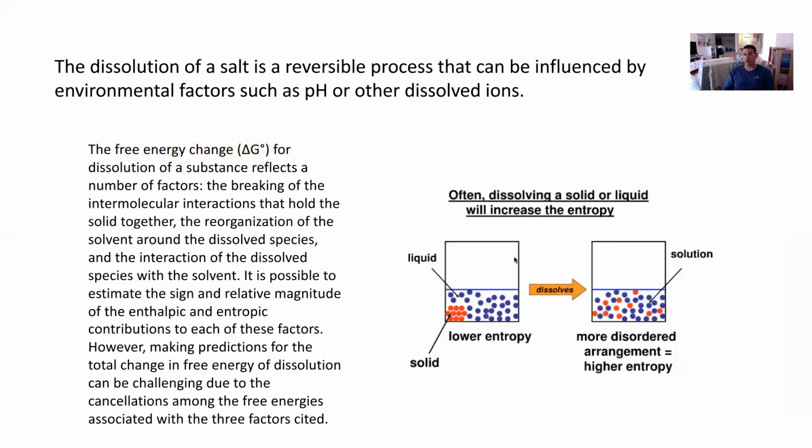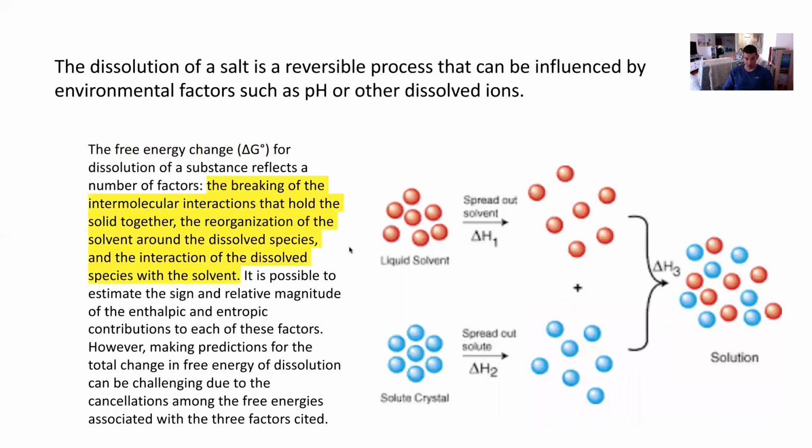What ends up happening? When something dissolves, that's more random. So the entropy typically increases when we have a solid dissolve in the solution. The breaking of the intermolecular attractions that hold the solid together, the reorganization of the solvent around the dissolved species, and the interaction of the dissolved species with the solvent all have enthalpy values associated with it.